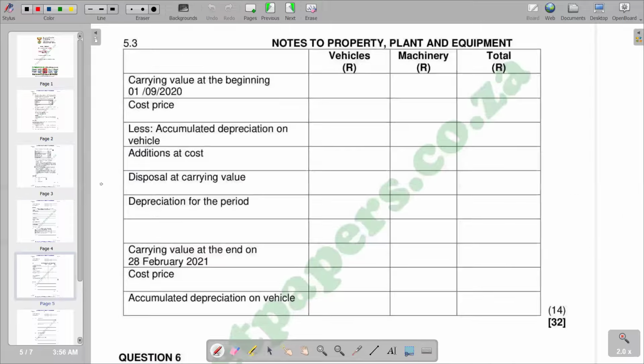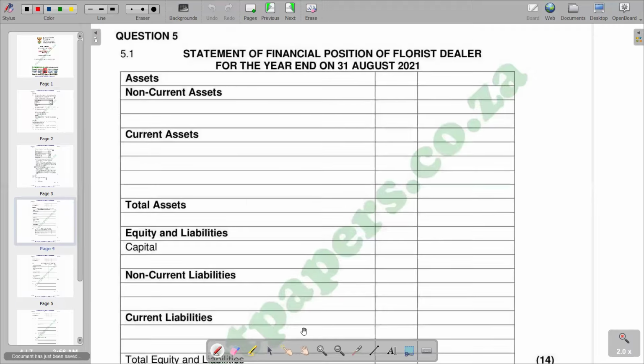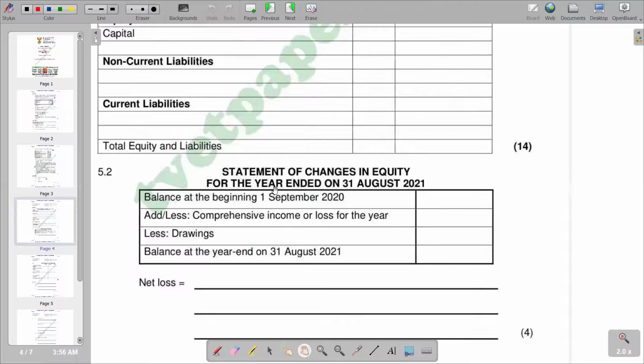We see that this is our 5 point. Let's look at our 5.2 here, where we have a statement of changes in equity for the year ended 31 August 2021. The first figure that we have is the balance at the beginning, which is 1 September 2020. Then we add or less comprehensive income or loss for the year.